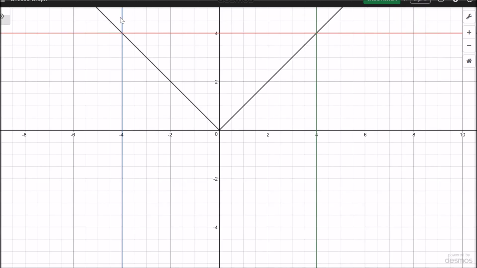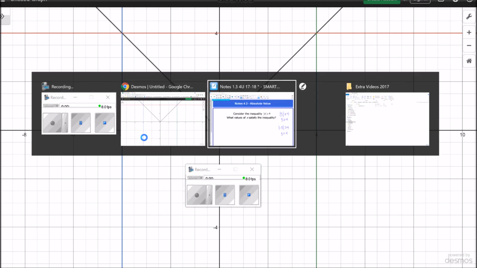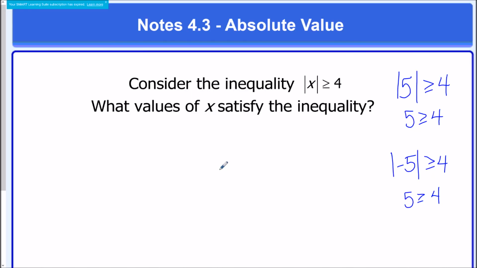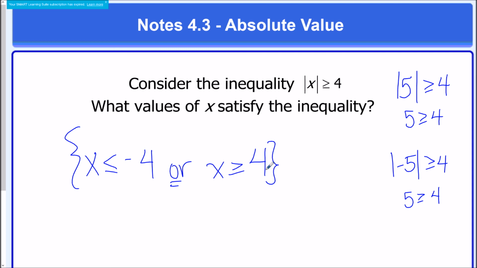I'm not sure if I said -4 here, but I meant to say that. So this time our solution is going to say that x is less than or equal to -4, or x is greater than or equal to 4, okay?